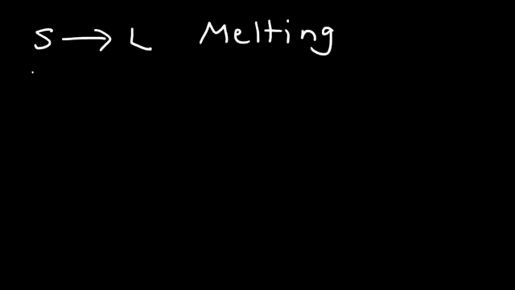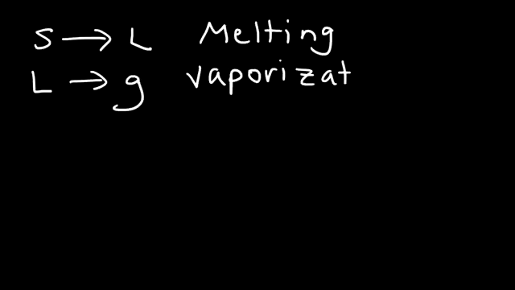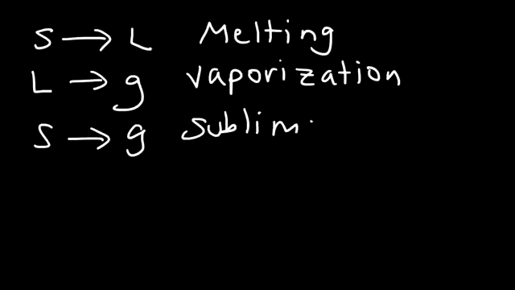Now let's review some terms associated with phase changes. If you have a solid and you convert it into a liquid, that process is known as melting. If you have a liquid and you convert it into a gas, this is known as vaporization. And if you go directly from a solid to a gas, this is known as sublimation. A good example of sublimation is dry ice.